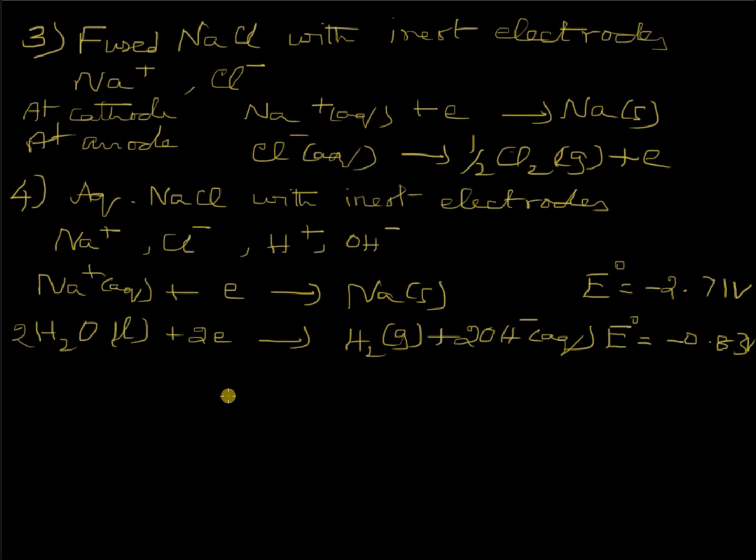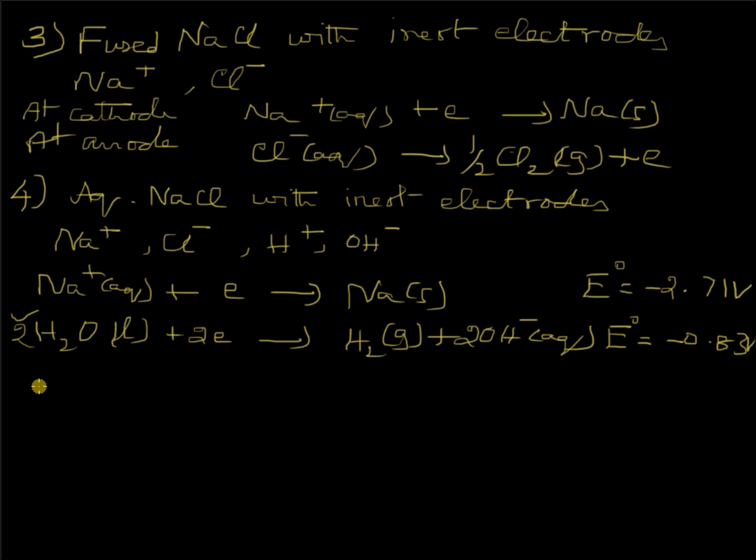What is the rule we applied? We said the one having higher reduction electrode potential would be discharged. It is water which has a higher value, so water would be reduced in preference over Na plus, and the product would be hydrogen gas, right? So this is the one that will be taking place.